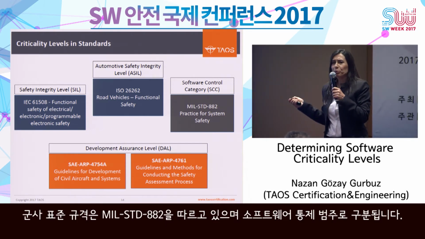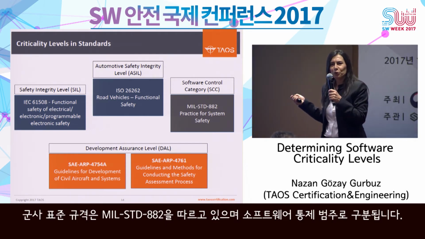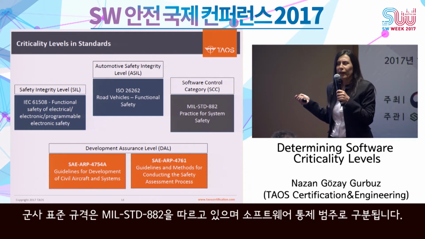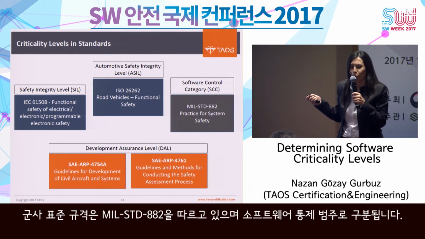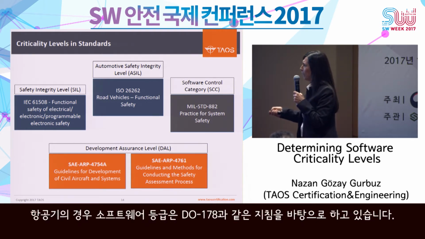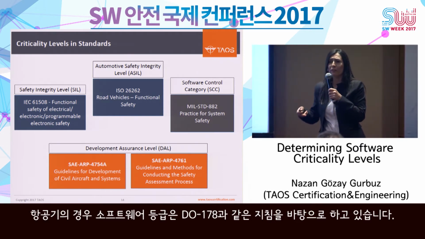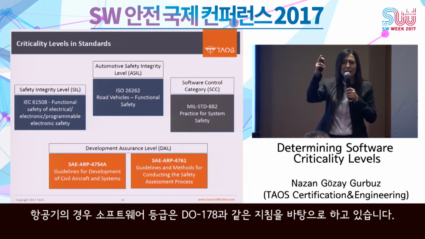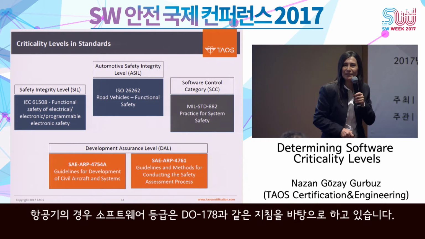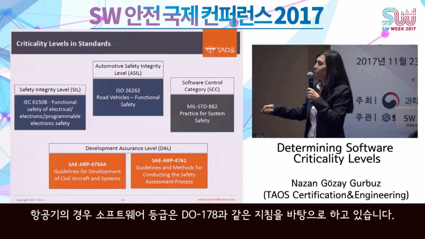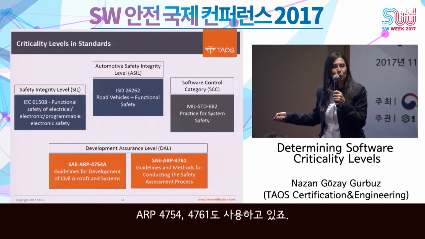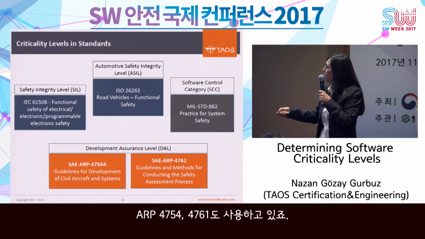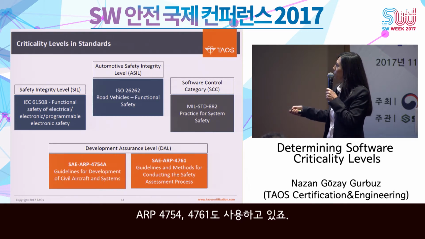In military programs, a popular standard is MIL-STD-882. It's called software control category. In aviation, you know, level A, level B software, DO-178, the criticalities come from those guidelines. We use ARP 4754A and 4761.